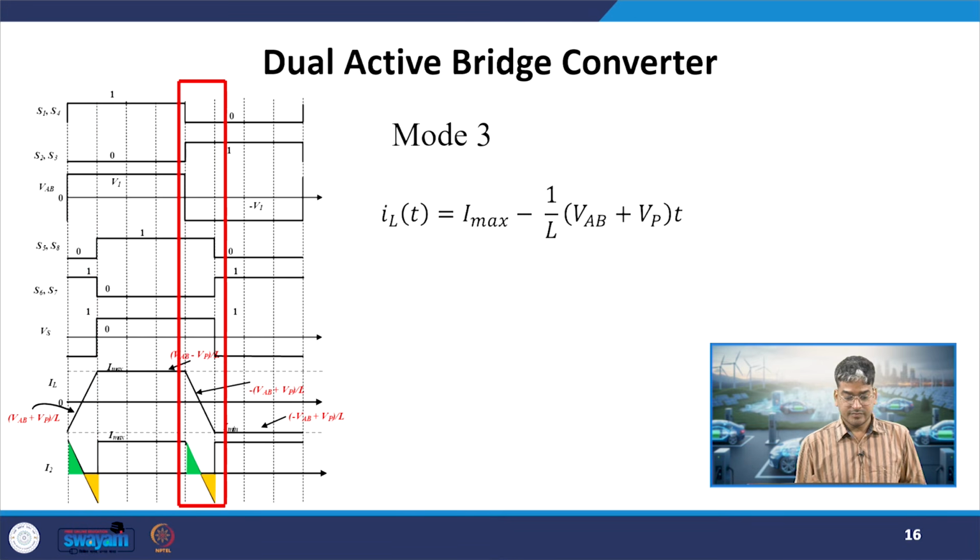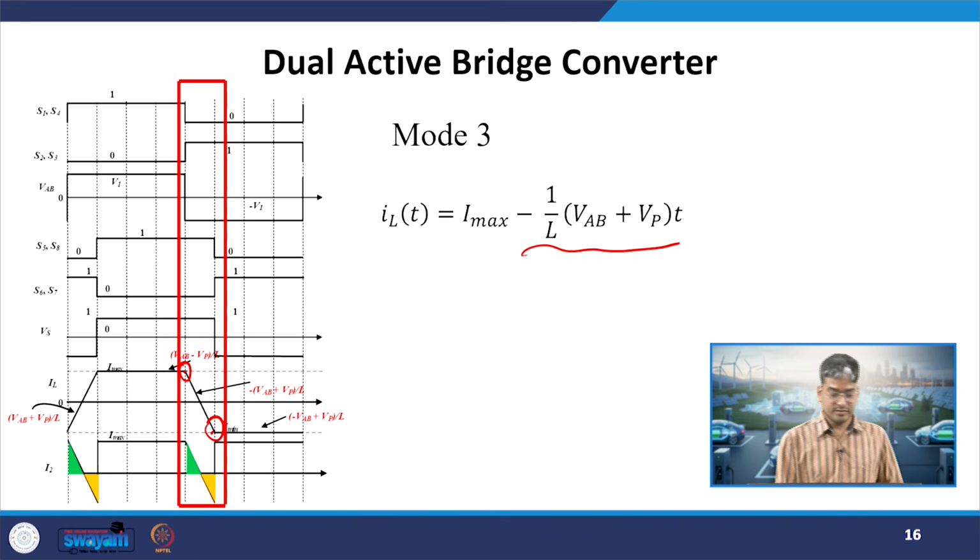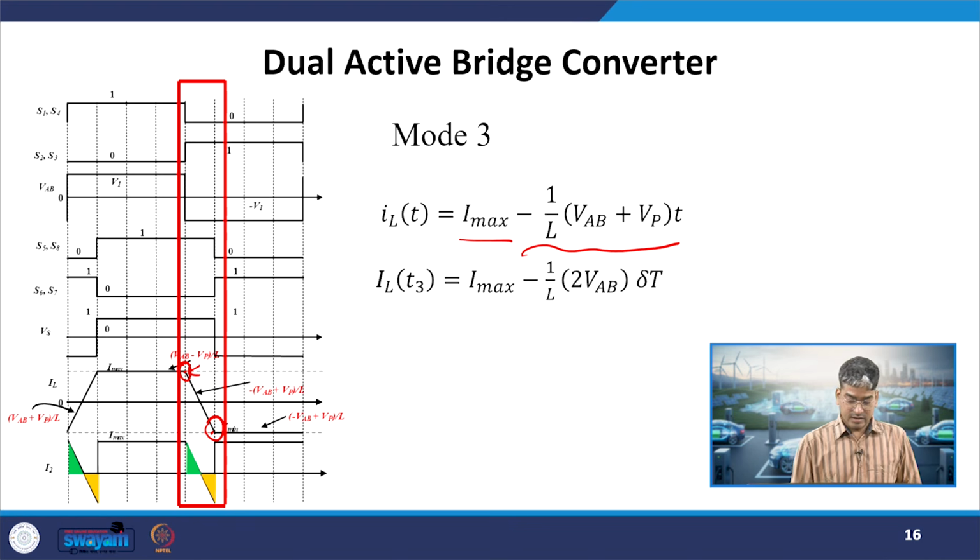Now in mode 3. So in mode 3 what will happen now? We have already found out that the slope will be equal to minus (VAB plus VP) by L, with a negative sign, because now the inductor is experiencing negative voltage, it will start decreasing, and the initial value of the current is maximum and positive. So, this is the initial value which is I max. Now IL at T3 will be equal to I max minus 2 times VAB over L times the interval.